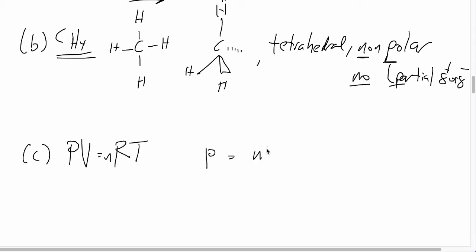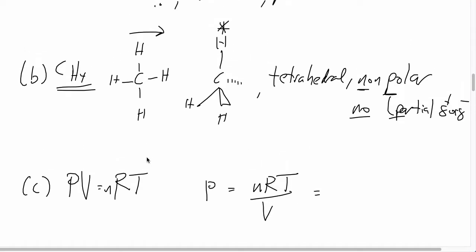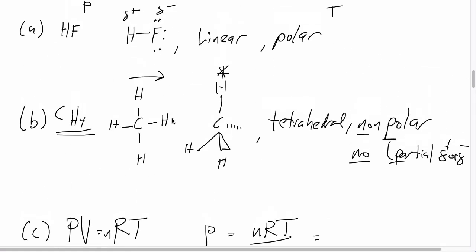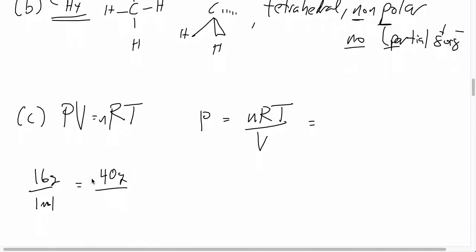P equals nRT divided by V. Okay, so we're going to have to convert those 0.4 grams of CH4. So CH4 is 16 grams in every 1 mole. You have 40 grams. I think it was 40 grams, right? Yep, no, 0.4 grams. X moles. So 0.4 divided by 16 equals 0.025.